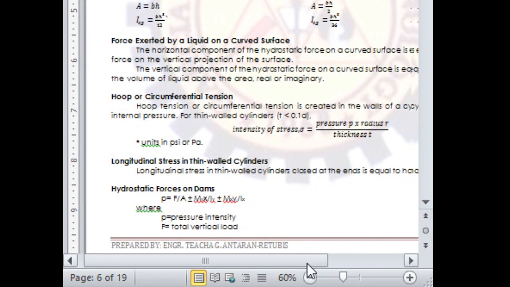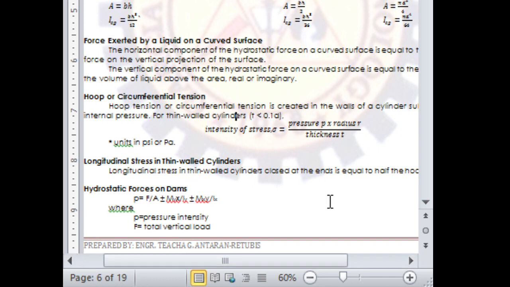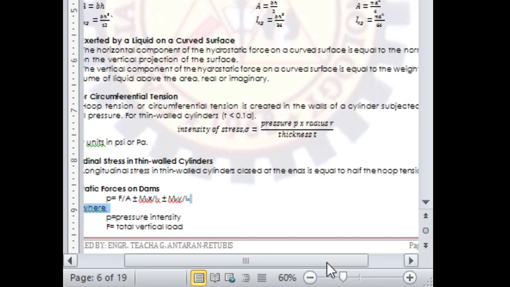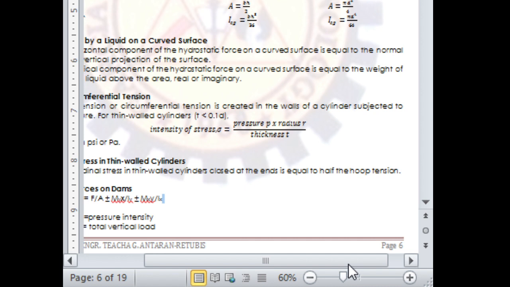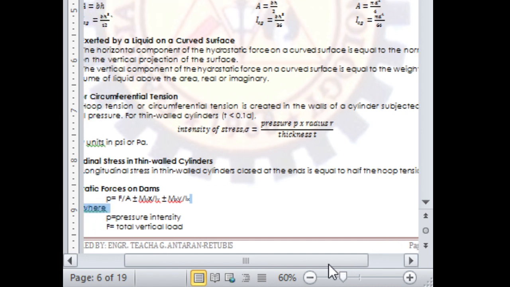Now, how are we going to solve for the longitudinal stress in thin-walled cylinders? Take note, class, that longitudinal stress, according here, is equal to half of your hoop tension. What does it mean?